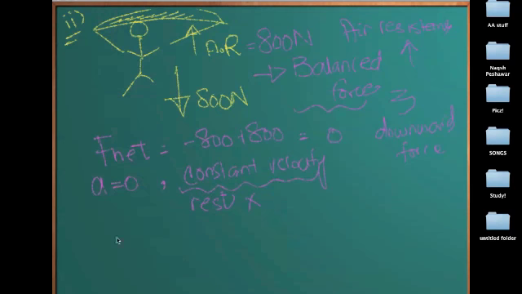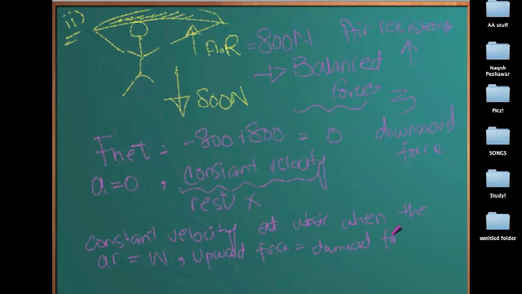This constant velocity occurs when the air resistance equals the weight, or the upward force equals the downward force.